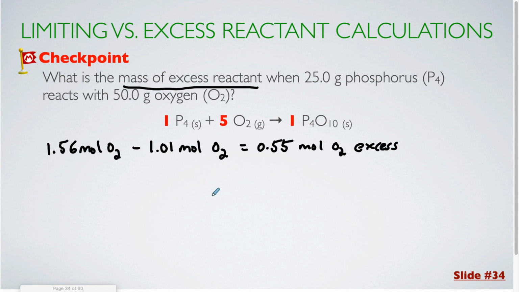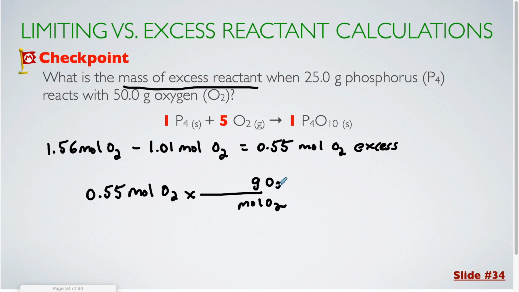But this is not my final answer because I want the mass of excess, not the number of moles. So I need to convert this back out to a unit that makes more sense for mass, grams. So I'm going to take my 0.55 moles of O2. I'm going to do a one-step mole conversion. So moles of oxygen is going to go on the bottom.